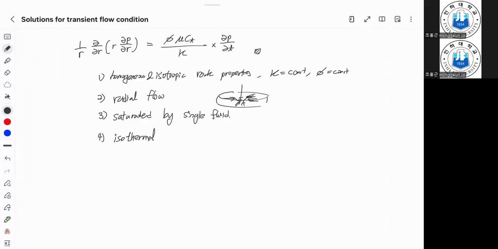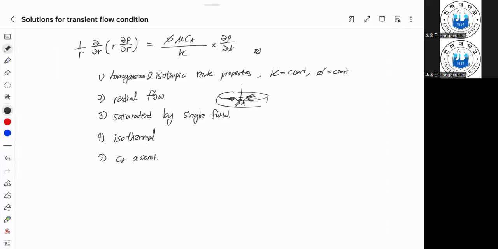There might be heat gain or heat loss in the processes, but we assume there is an abundant heat source and the heat is transferred instantaneously. So throughout the process, we assume they are isothermal. So the pressure is varying, but the temperature is equal at any location. And we also assume this compressibility is constant.